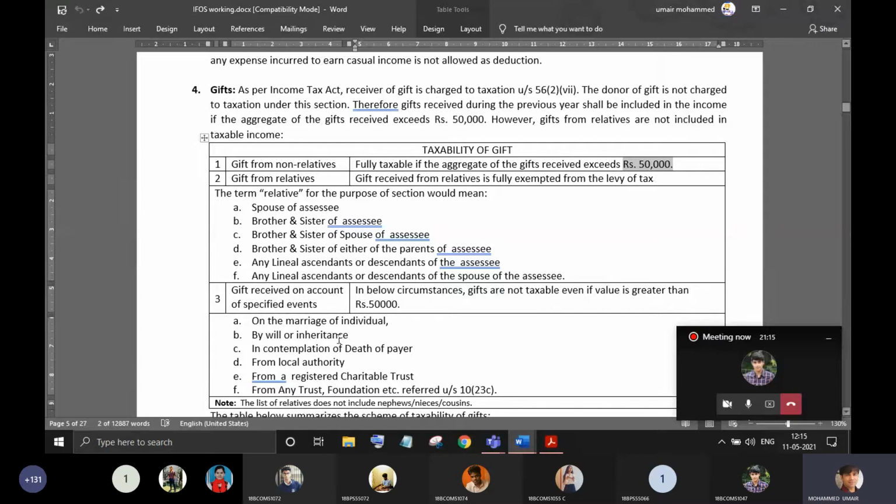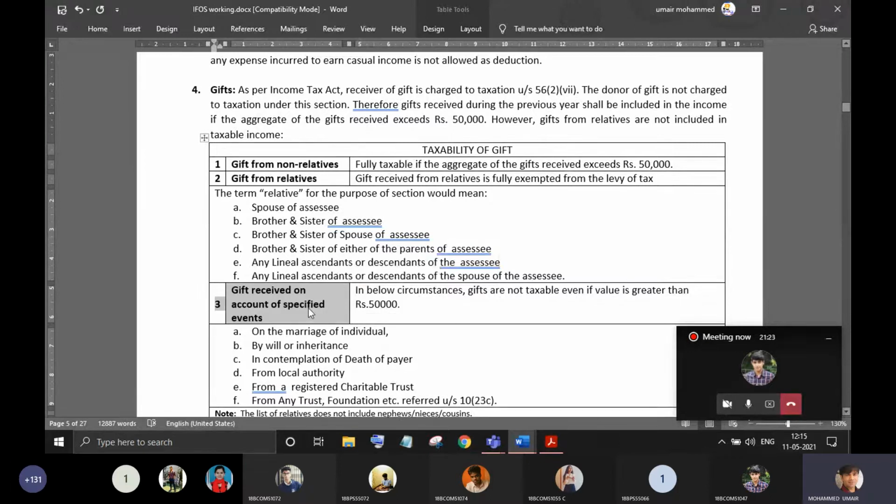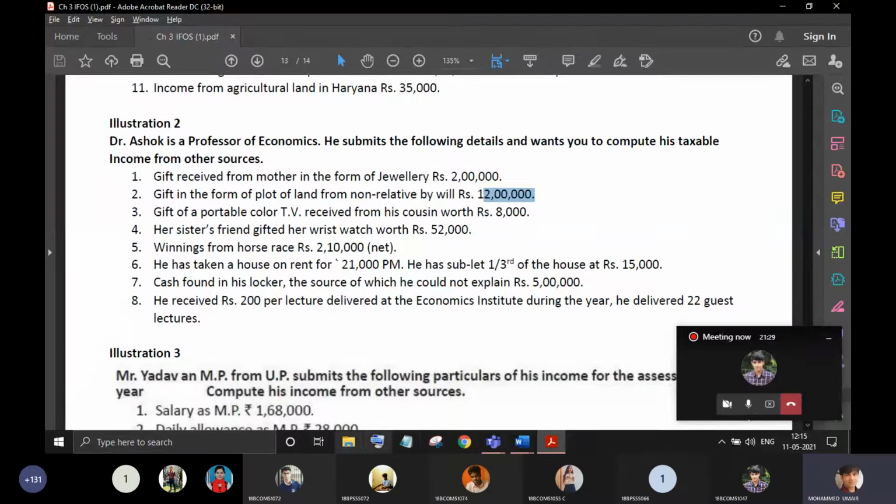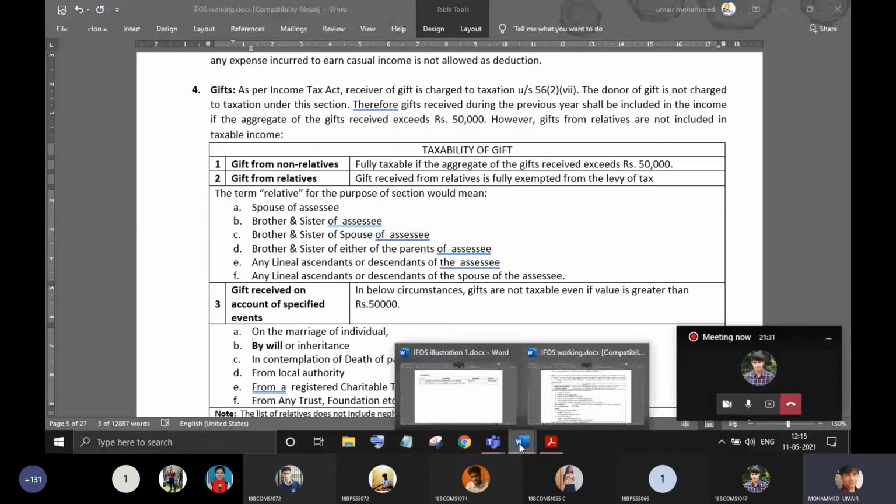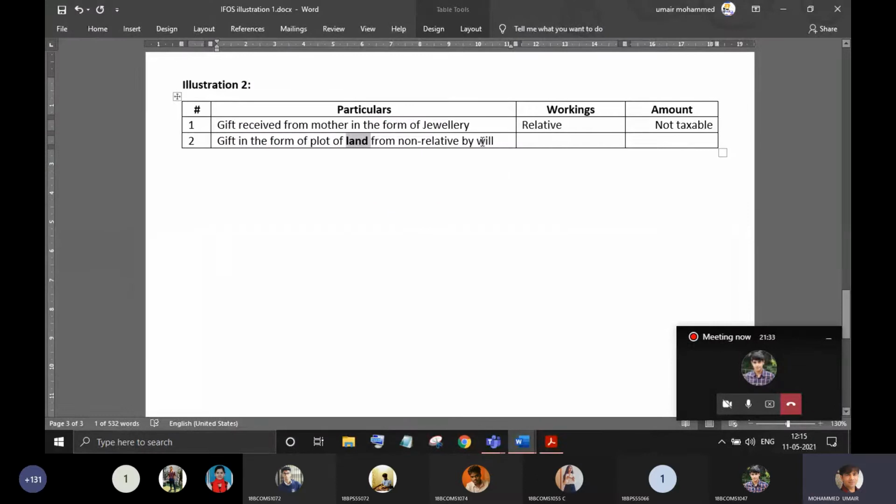But you also have to see that there are three categories: gift from non-relatives, gift from relatives, and gift received during specified events. Is this a specified event? The answer is yes, because this gift is received under a will, and a will comes under a specified event. So gift received during a specified event is taxable again.